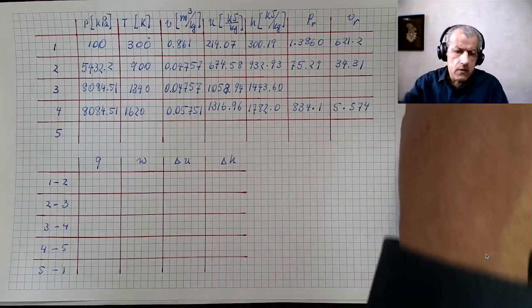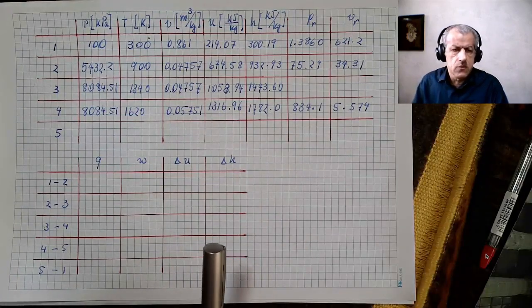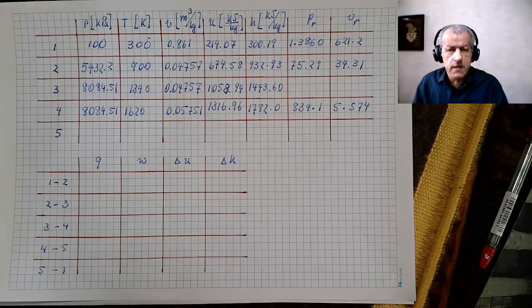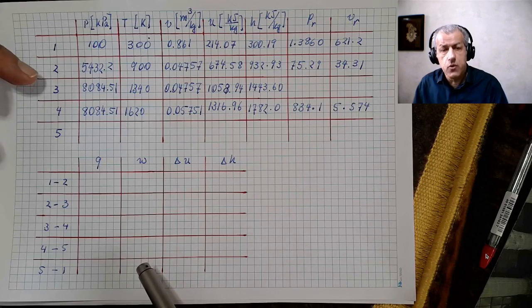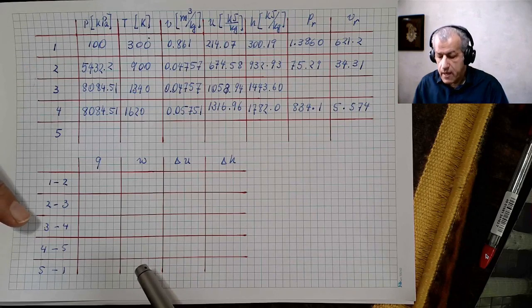It's also good practice to draw a table for different processes. We did draw a table for different points and properties, but there are also processes, and it's good practice to write process properties.